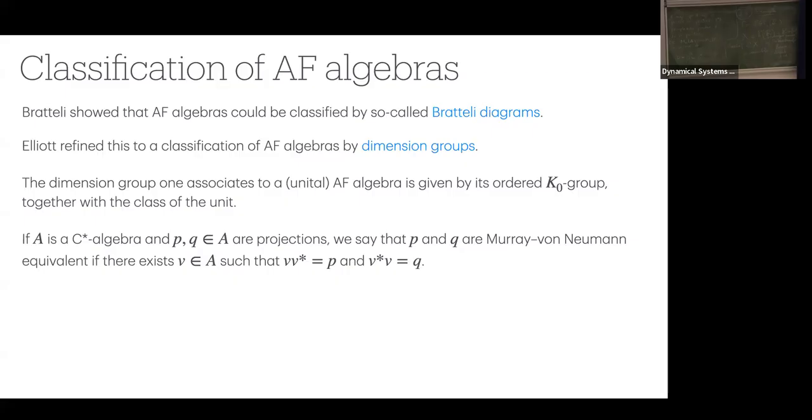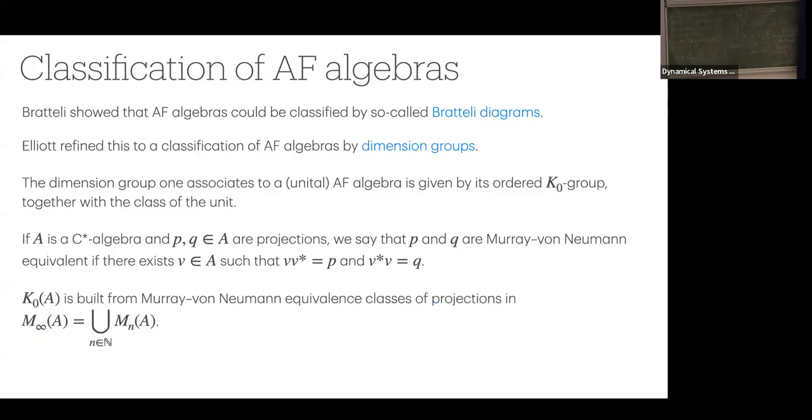This forms a nice equivalence relation on your projections, but that's not good enough. We actually want to look at projections over all matrix algebras. And then we take a Grothendieck group of these things, and this gives us K0. There's a way to put an order on it that's coming basically from the order structure on the C-star algebra, which comes from positivity. Again, this will become hopefully clearer later.